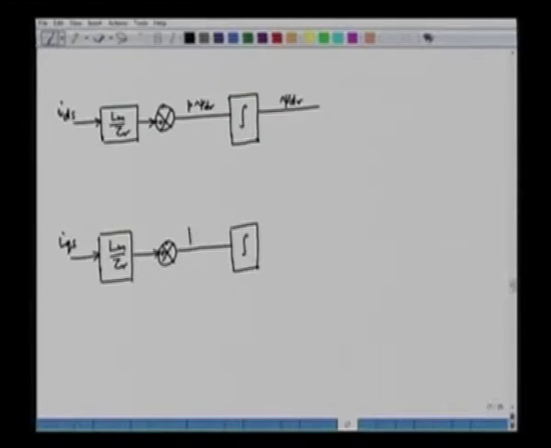This is P psi QR. What we obtain here is psi QR.